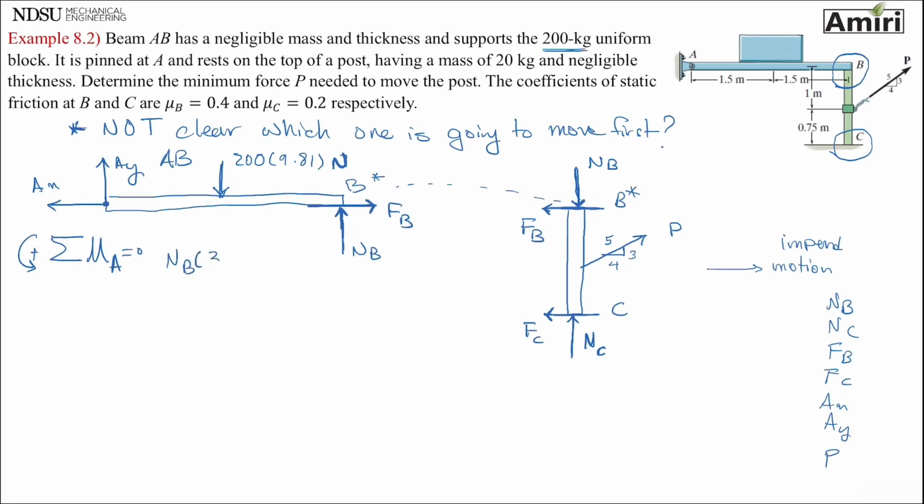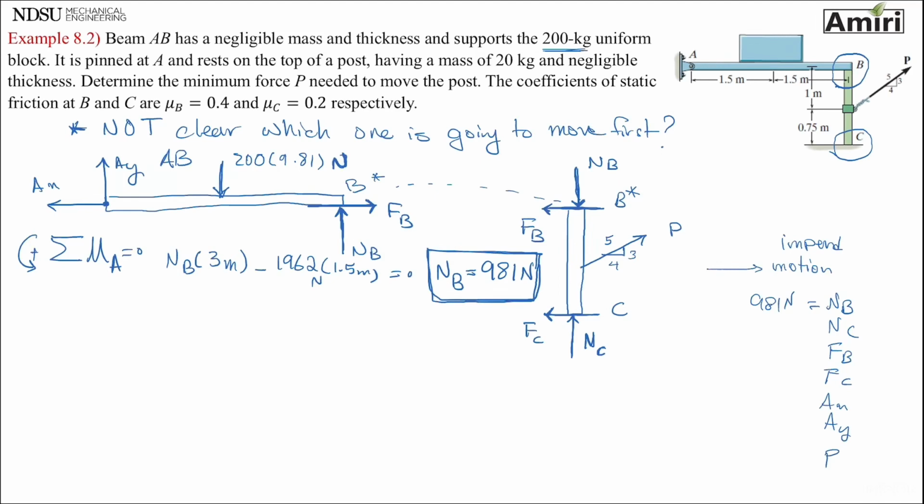NB times 3 meters minus 209.8 times 1.5 equals 0. I get NB of 9.81 newtons. At least I got one of them, 9.81 newtons.